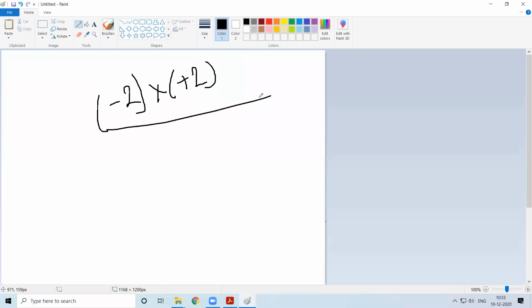These are the two numbers which I'll be multiplying, and the result is -4. But when you're dealing with binary numbers, you don't have any facility to store the sign.